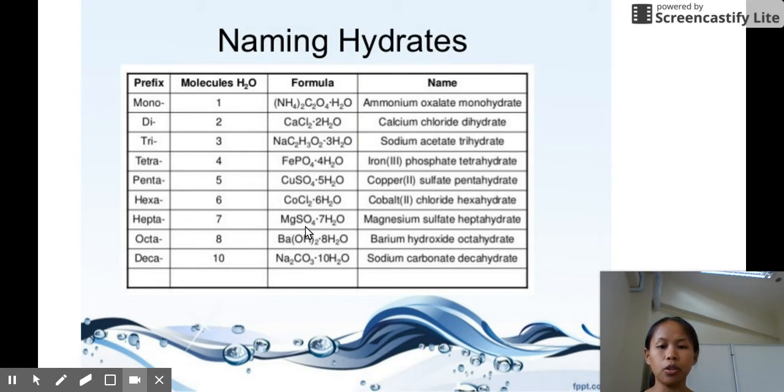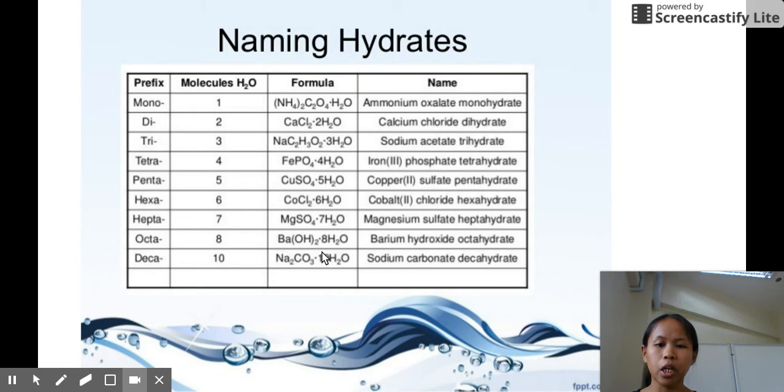Next is magnesium sulfate, that's Mg. There's just one charge for magnesium, so you just name it magnesium. SO4 is a 2 minus also, which cancels out with the 2 plus of Mg, so you just name it magnesium sulfate. Since there are 7 waters, you name it heptahydrate. Next is barium and hydroxide. Barium's charge is 2 plus, OH is negative 1.